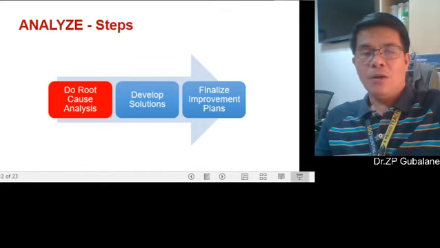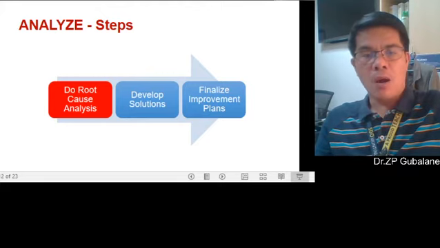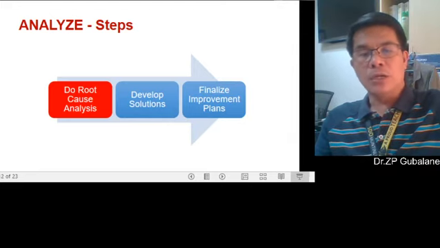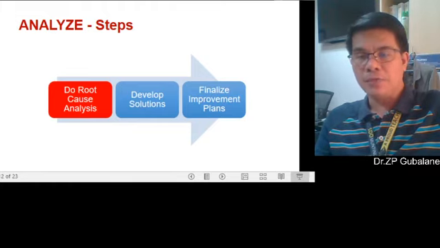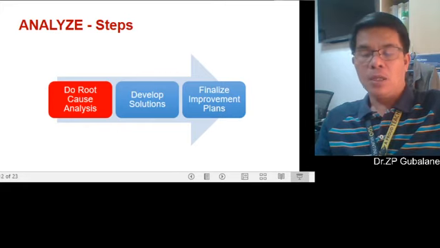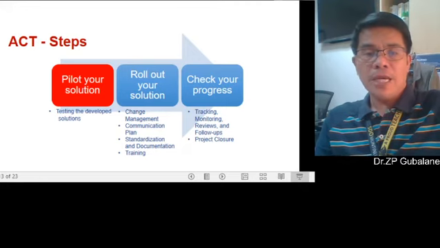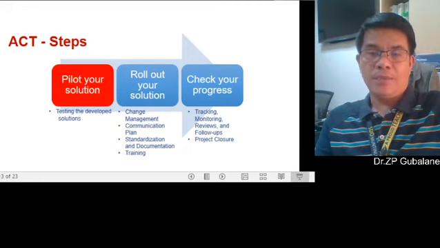Okay, so when we start asking the what, the how and why, we are actually doing a root cause analysis. Okay, we are not satisfied with what we already see superficially, but we try to look at its root causes.